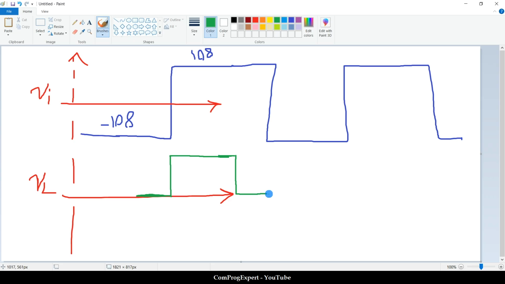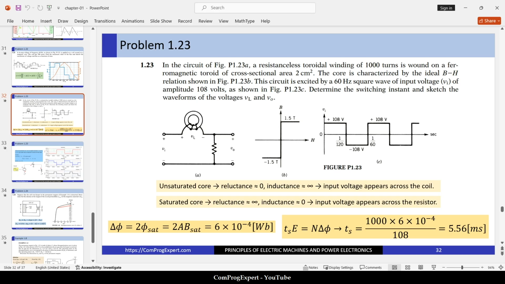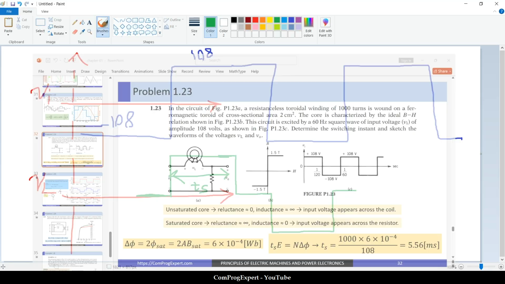And so on. For the next polarity change, again, we have this voltage for the inductor. This is the switching instant that we calculated here.